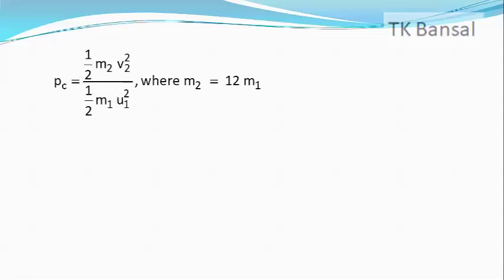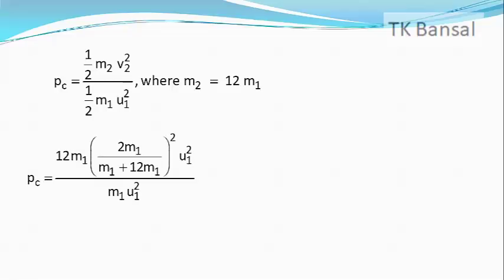Likewise, the value of Pc is equal to half of m2 v2 square divided by half of m1 u1 square, where m2 is equal to 12 times of m1. Substituting, we get Pc is equal to 12 m1 times (2 m1 divided by (m1 plus 12 m1)) whole square into u1 square, whole divided by m1 into u1 square.